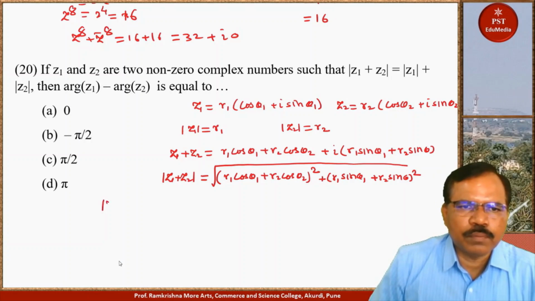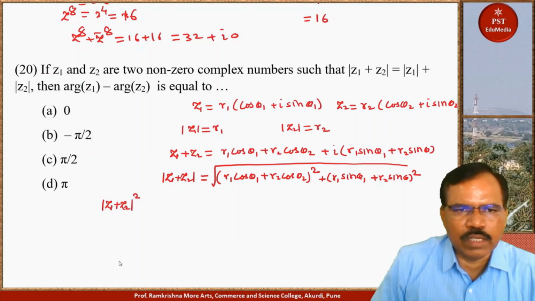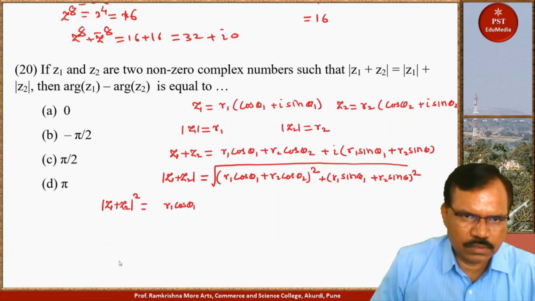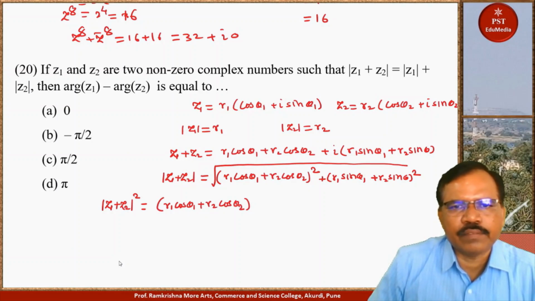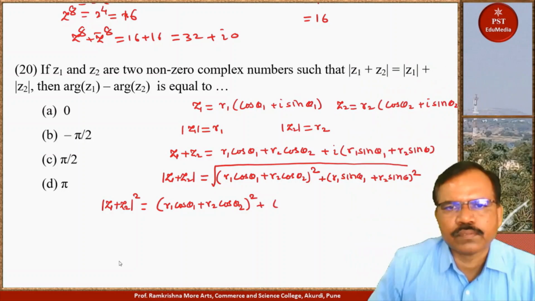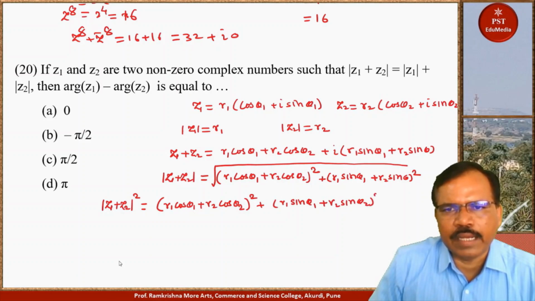So modulus of Z1 plus Z2 square is equal to (R1 cos theta 1 plus R2 cos theta 2) bracket square plus (R1 sin theta 1 plus R2 sin theta 2) bracket square.